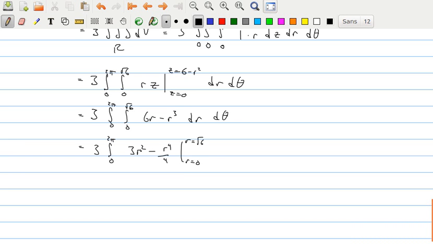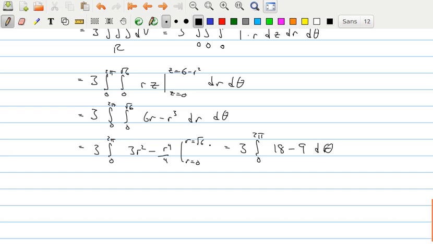At r equals 0, everything zeroes out. At radical 6, radical 6 squared is 6, times 3 is 18. Then over here we have radical 6 to the 4th, which is 6 squared, which is 36, divided by 4 is 9.